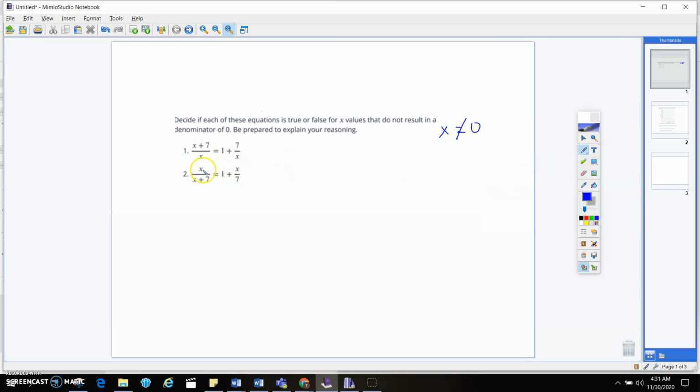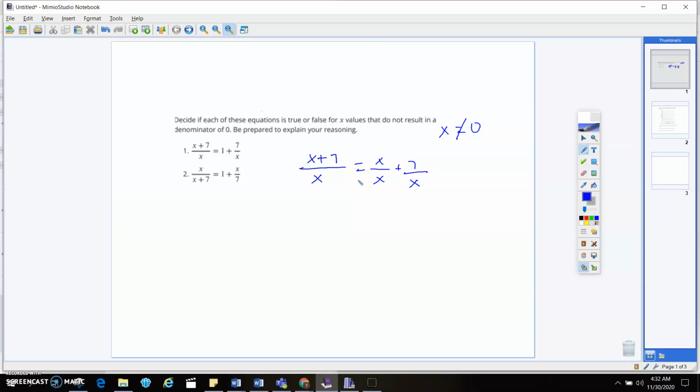It's not my favorite. But if I were to solve all of this, I have to have the same denominator across the board. So that means that I would have x plus 7 over x. And for this to have the same denominator as this, I would have to multiply by the common denominator, which is x. So this would be x over x plus 7. If we have the same denominator, I can take everything on top and just add it together.